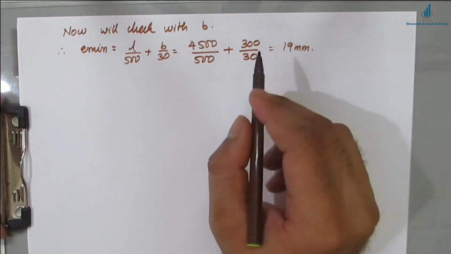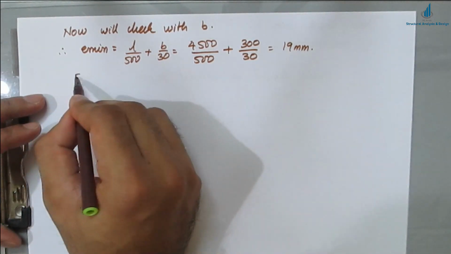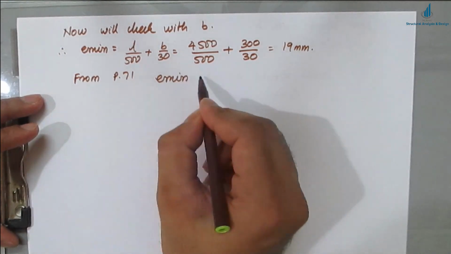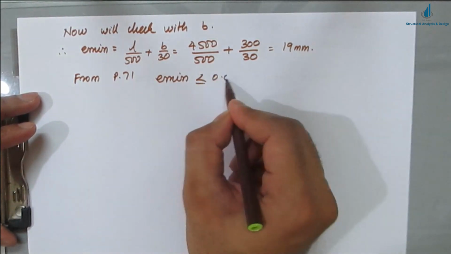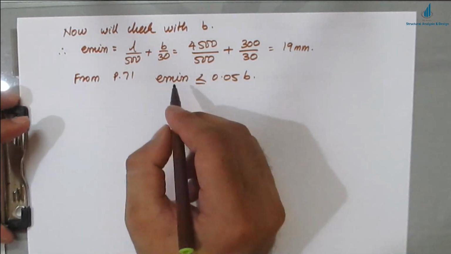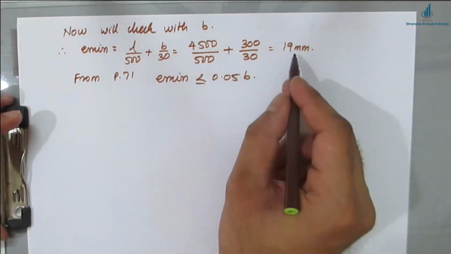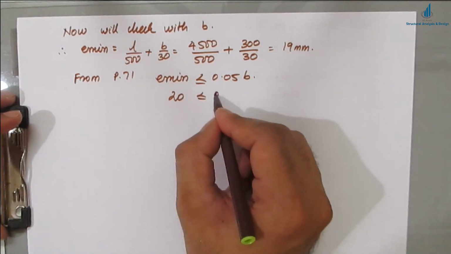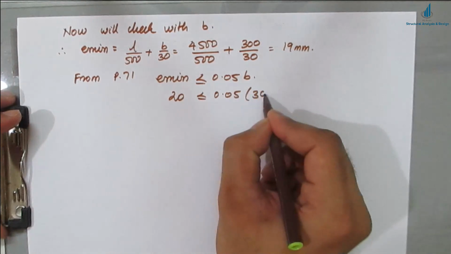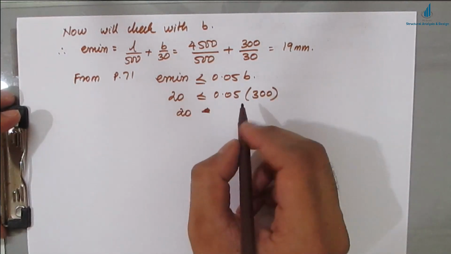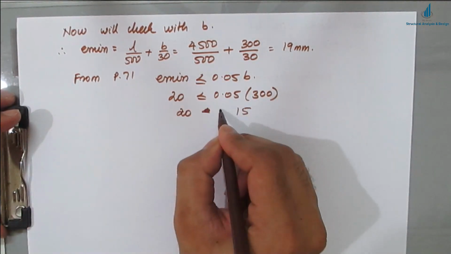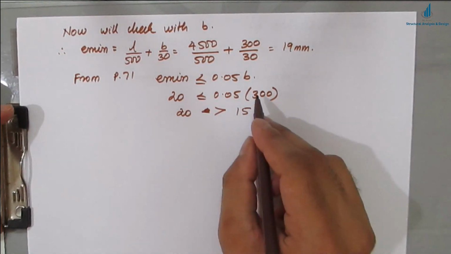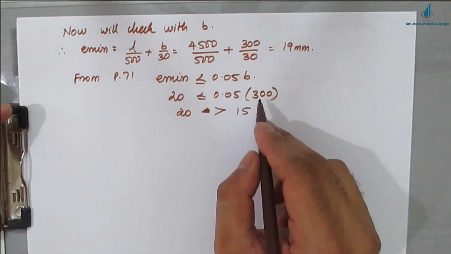Okay, then from page 71, E minimum should be less than or equal to 0.05 times B. So here, minimum it should be 20. So we'll take it as 20. So this should be less than or equal to 0.05 times B. But here we are getting 15, and this minimum eccentricity is greater than this 15 which we are getting from 0.05 times 300.